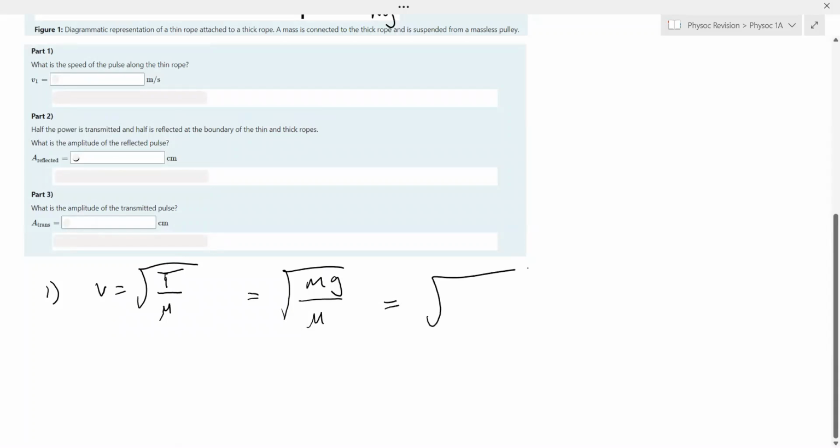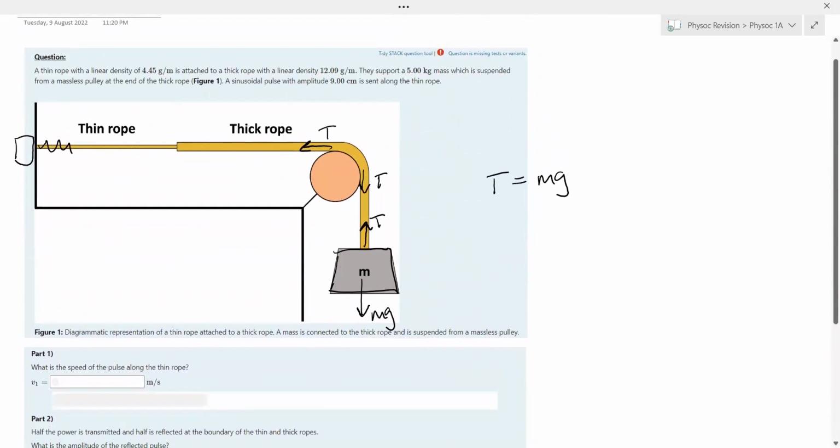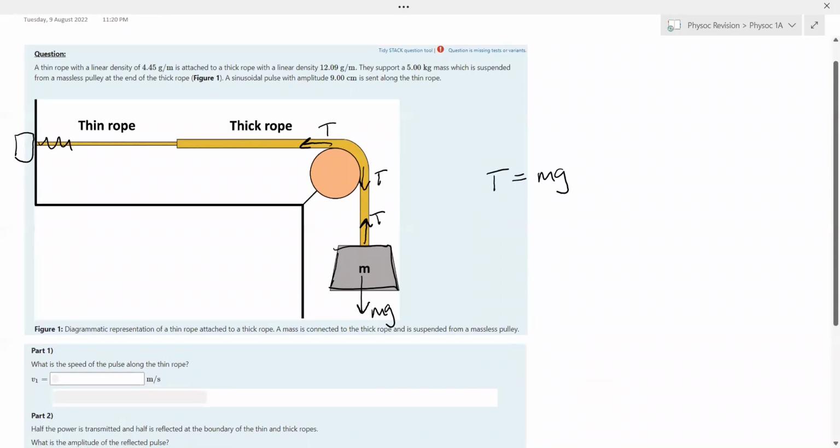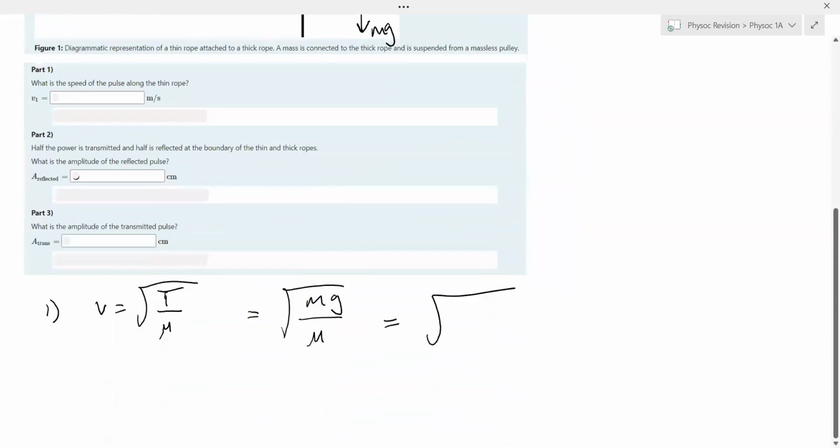So our mass was, there it is, 5 kilograms, and our linear density 4.45 grams per meter. Keep in mind the difference between grams and kilograms. So we're going to have to convert one of those.